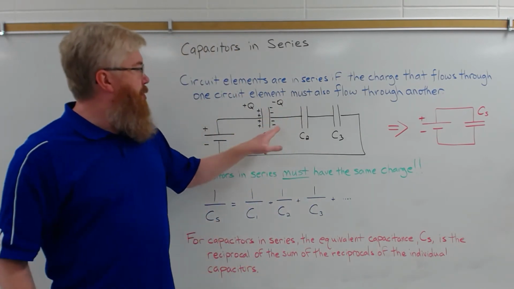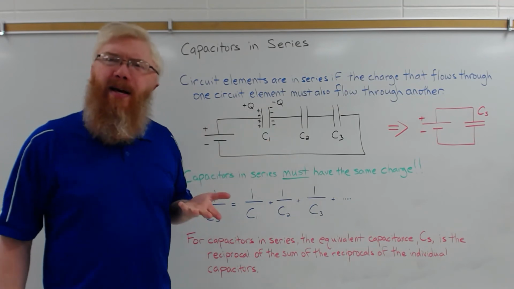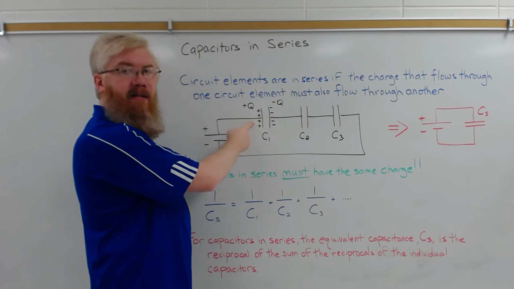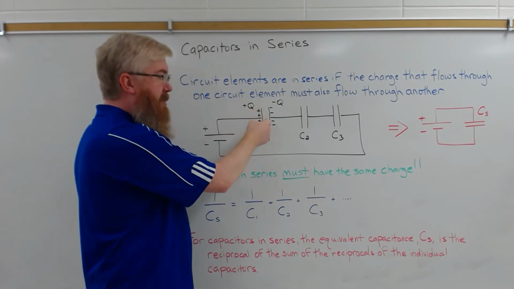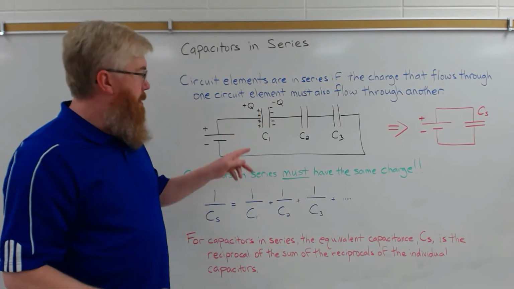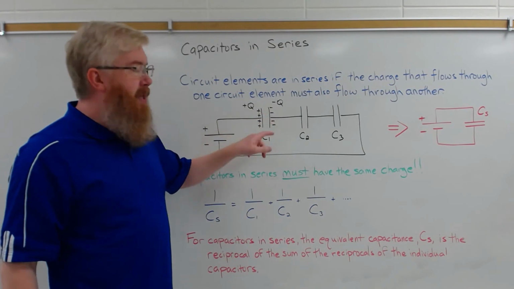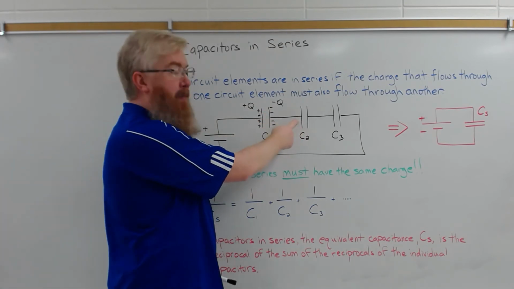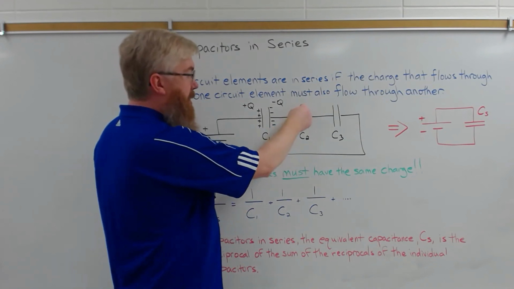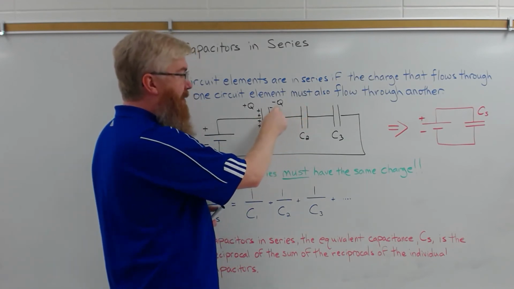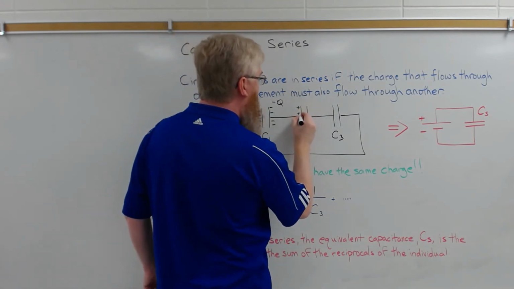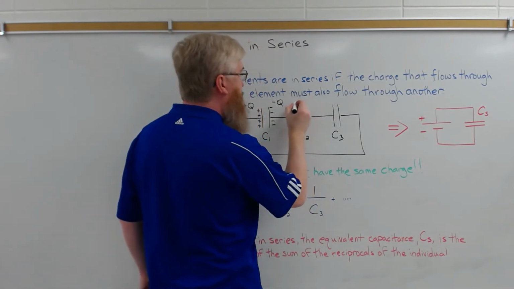But where does this charge minus Q come from? Where do those electrons come from? If you look at the circuit, they don't come from the left-hand side of this capacitor plate because these plates aren't touching. So where do those electrons have to come from? They come from the left plate of capacitor 2. So the electrons that you have here, charge minus Q, came from this plate, which now has a net positive charge of plus Q.